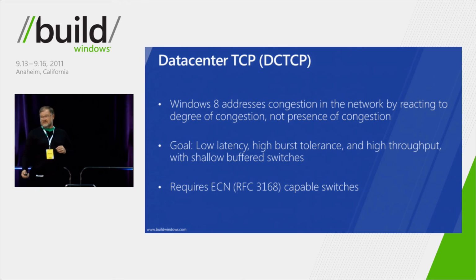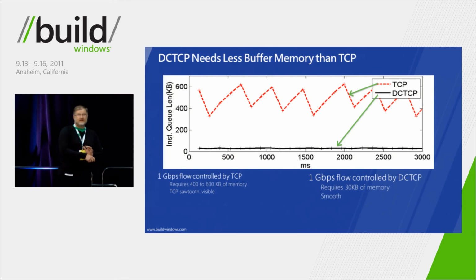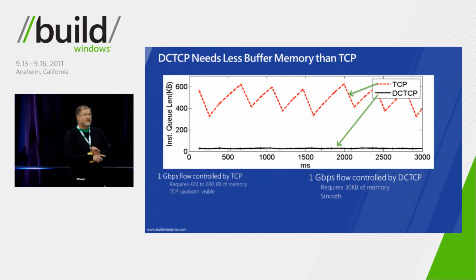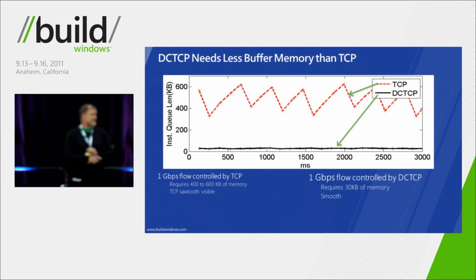What are the results? When we run straight TCP, we discover that our actual transmission rates go up and down, and the amount of buffer we're using then has to go up and down and stay large.